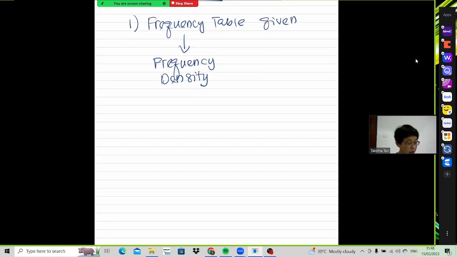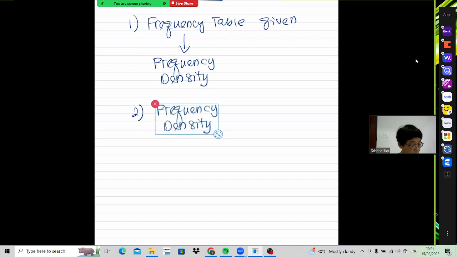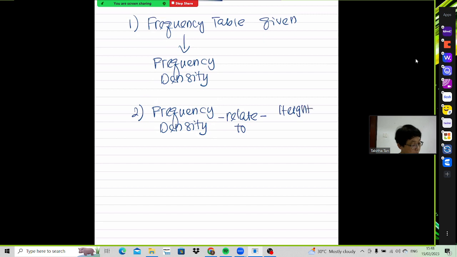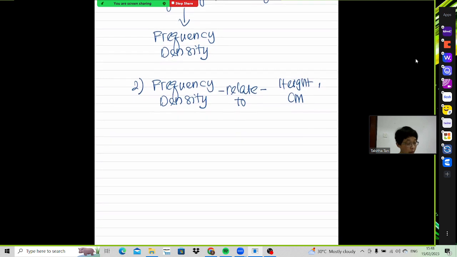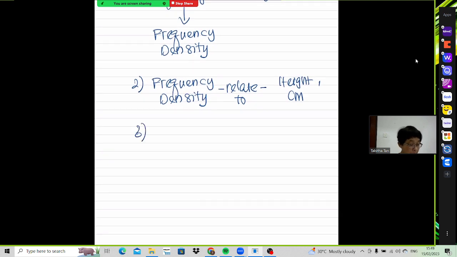Then relate that frequency density to height in cm. Once you relate that, third and last, you can use the unitary method.